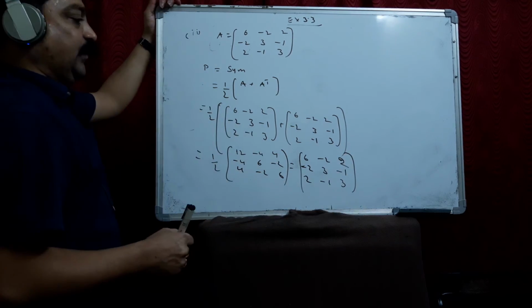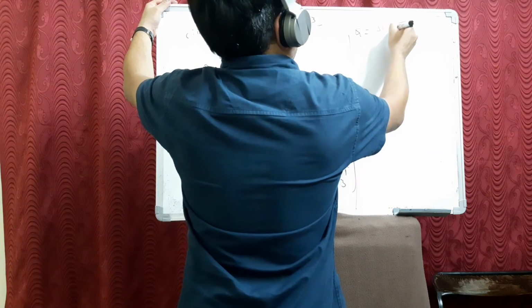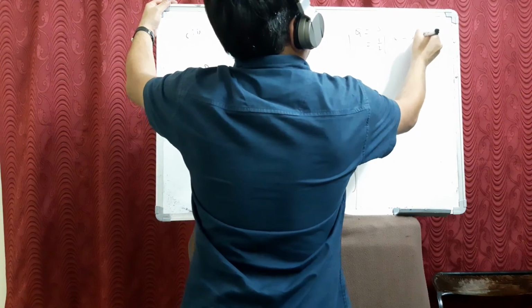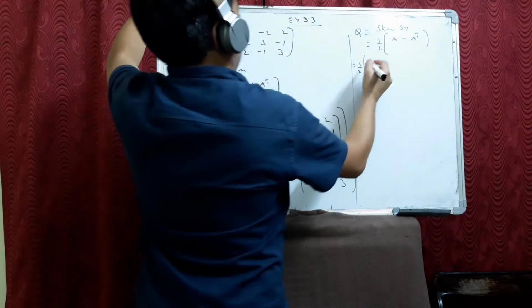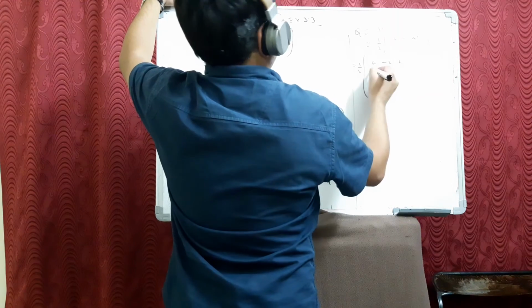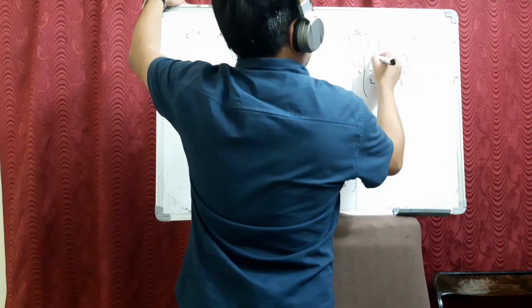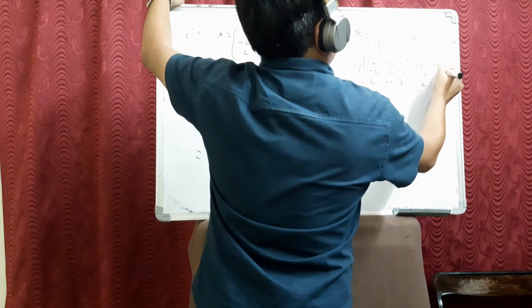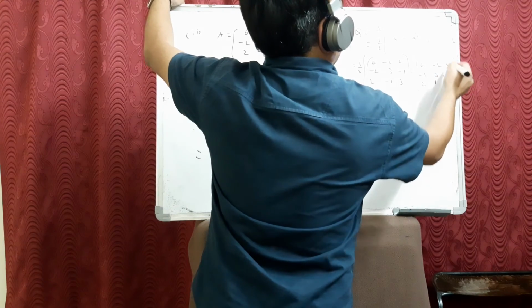So you get P. Now let us go with Q. Q is skew symmetric. What is Q? 1 by 2 of A minus A transpose. Okay. So 1 by 2 of, I am writing a little small, 6 minus 2 2, minus 2 3 minus 1, 2 minus 1 3, minus 6 minus 2 2, minus 2 3 minus 1, 2 minus 1 3.